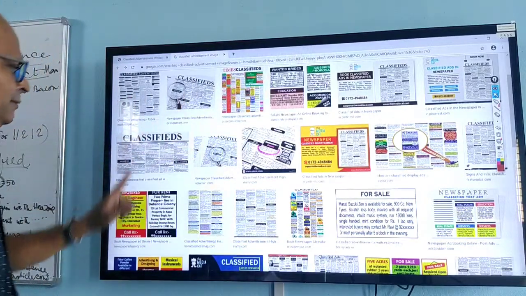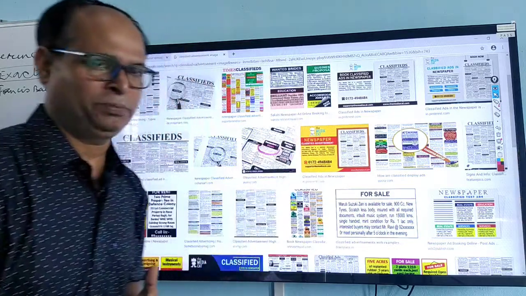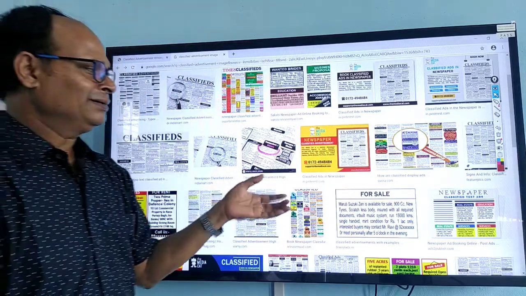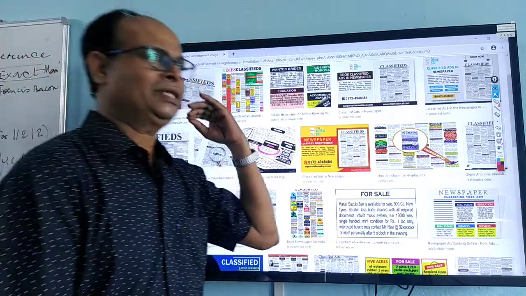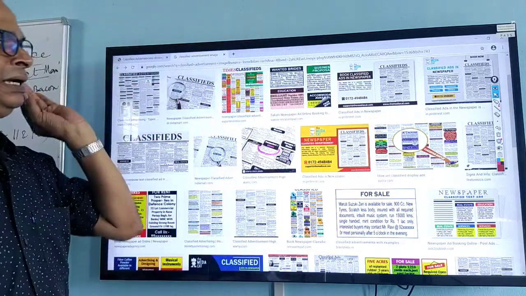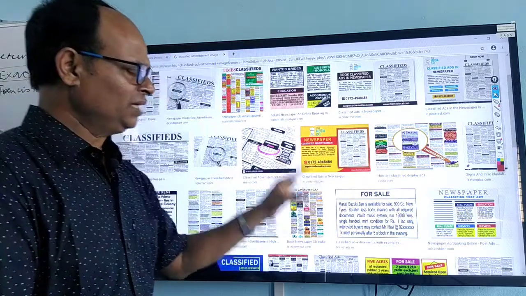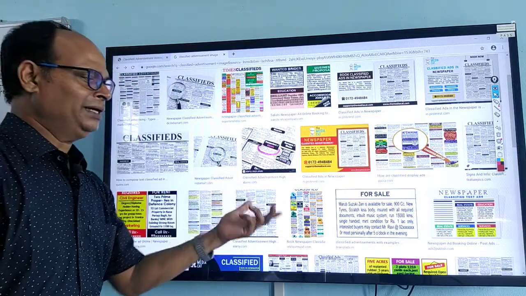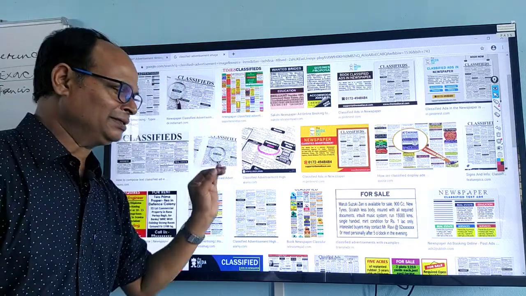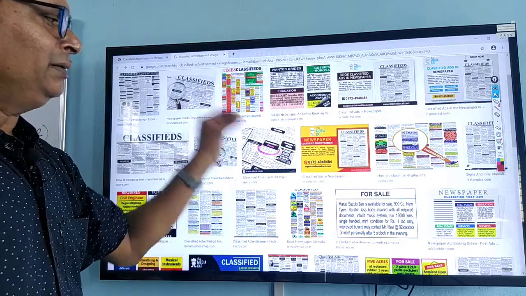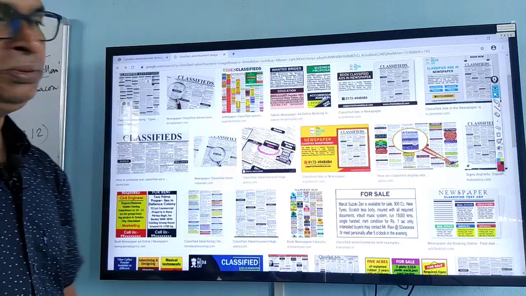So you will see here, for example, for sale means suppose you have a particular property or some assets and you want to sell it, and therefore the best medium is the advertisement in the newspaper. When you give the advertisement in the newspaper, people will come to know. You will have the contact address or email address and the phone number, and then you will be contacted, the communication will be made, and the transaction will be done.